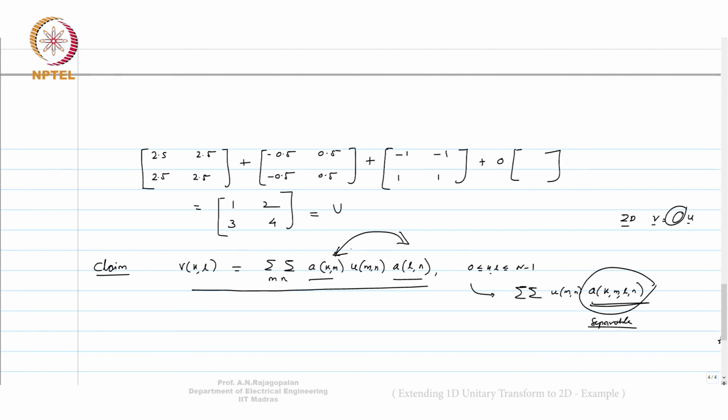And the same vehicle that you use to go from 1D to 2D makes it obvious that if tomorrow you wanted to do 3D processing, let's say instead of just an image you have a video which varies with time, and you wanted a 3D DFT, you won't have to wonder what to do next or what kind of basis images you will get, because this vehicle is so structured that it is automatic. Why 3D? If you wanted to go to 4D, 5D, it doesn't really matter. That structure you tend to miss.